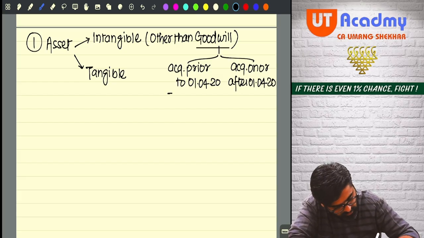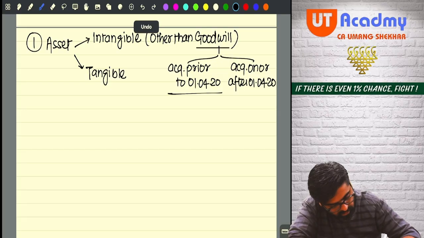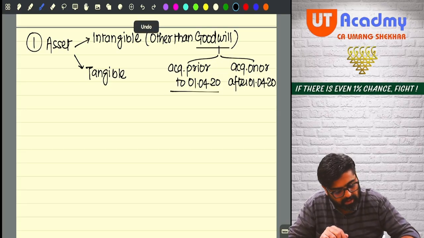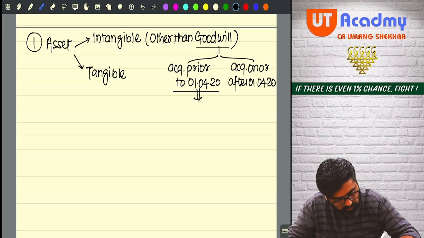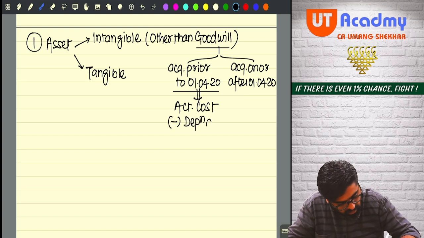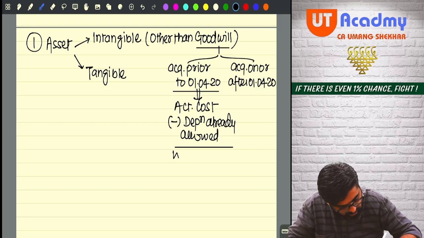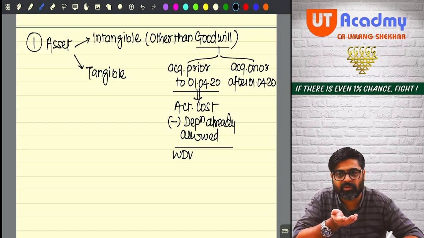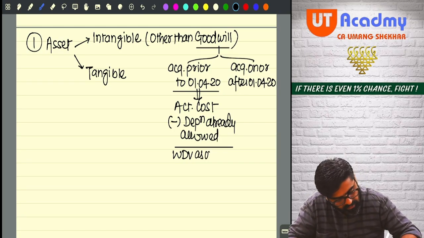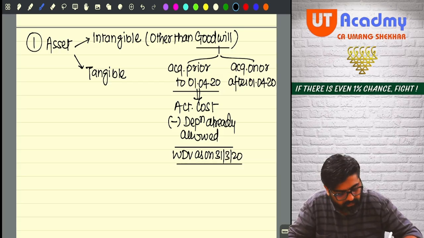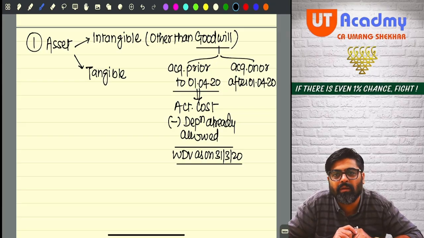Any goodwill which was acquired prior to 1st April 2020, whatever actual cost was incurred on that goodwill, out of that actual cost some depreciation would have been already allowed, no? So there will be WDV, that is the remaining actual cost, as on 31st March 2020. That is nothing but the remaining cost of that goodwill.